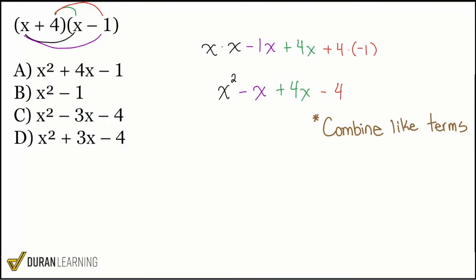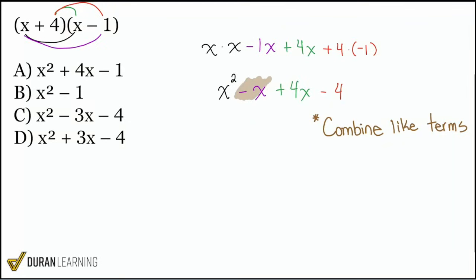So to get that done, we take a look at which terms have the same variables and the same exponents. So when we check this out, x squared does not have a like term. It does not. It is this x term here and this x term there.